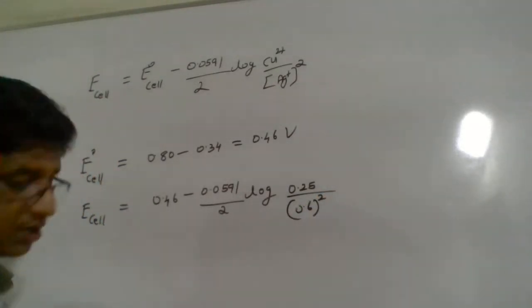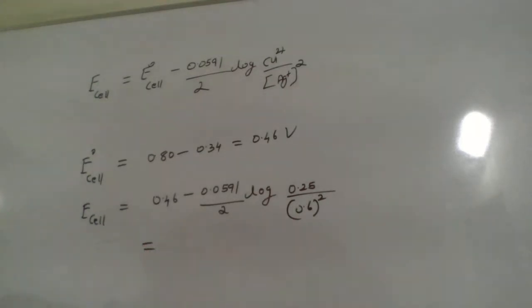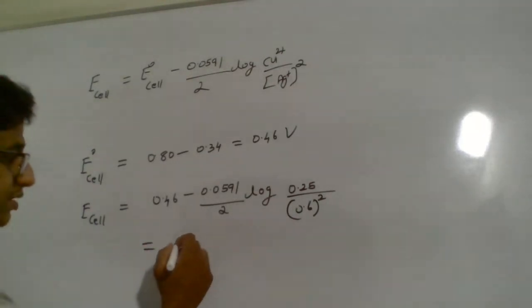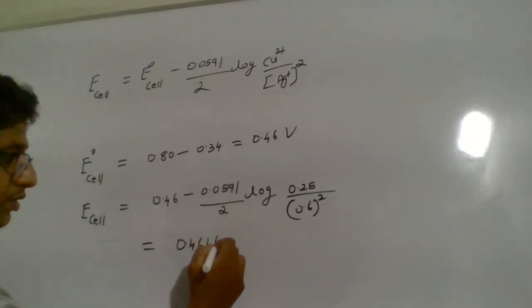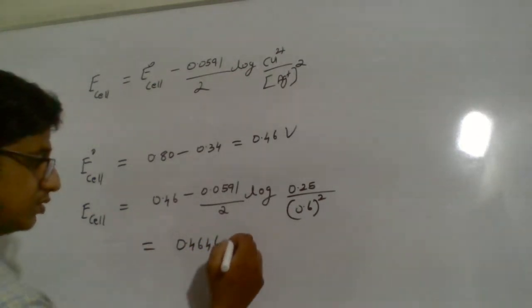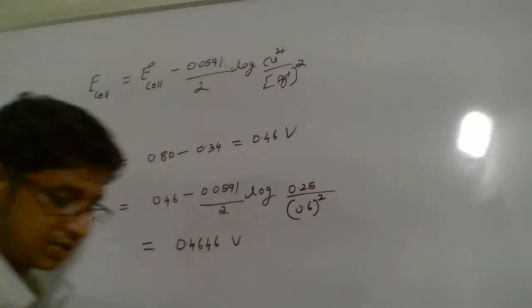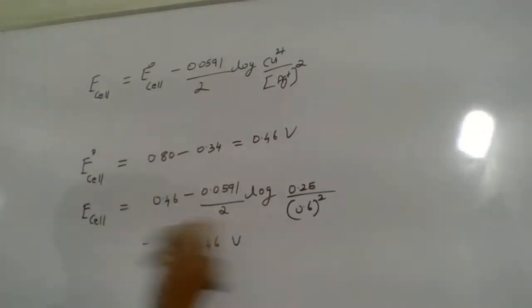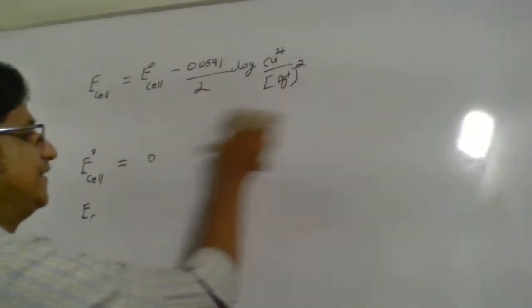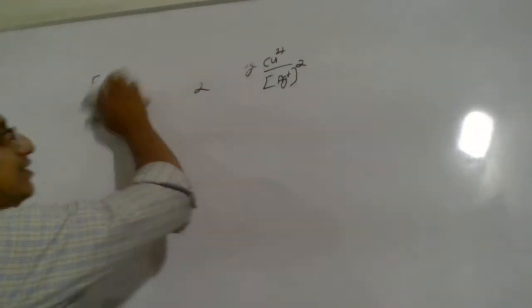So apply here, and you will get an answer of around 0.4646 volt. That's the way you can find the E cell potential of a cell if the concentration of the electrolyte is different. Similar types of questions are given. Please go through them.